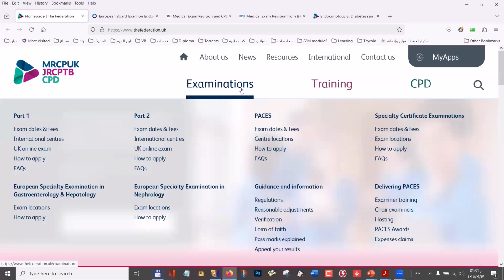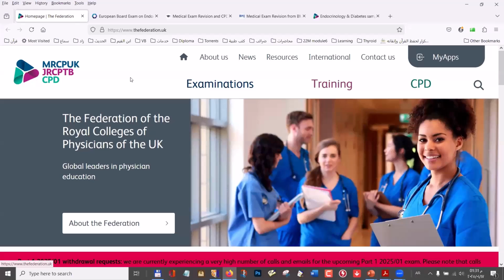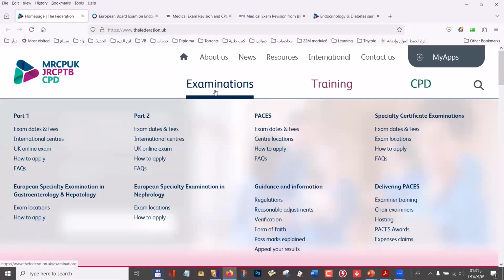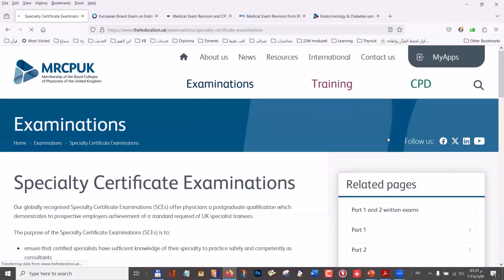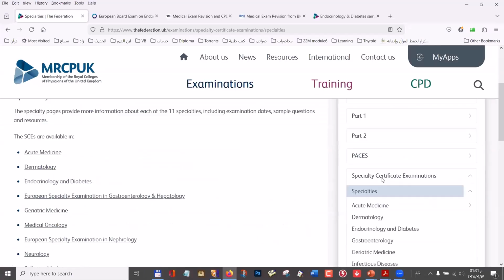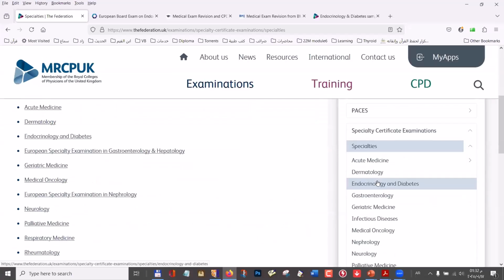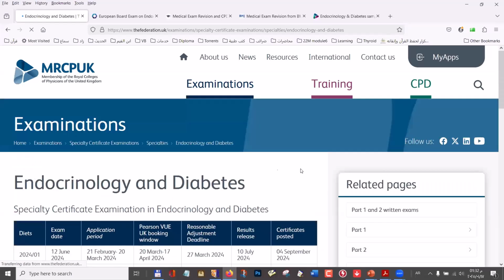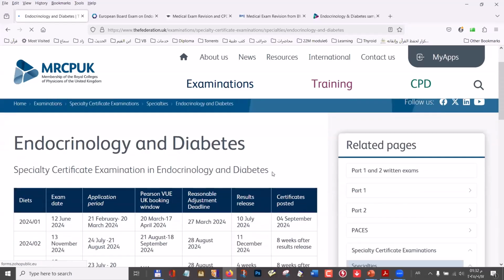You can find a lot of data about this SCE from this official website. Go to Examinations, then Specialty Certificate Examinations, click on it, and you can go to this specialty, endocrinology and diabetes, and you will find a lot of data related to this certificate.